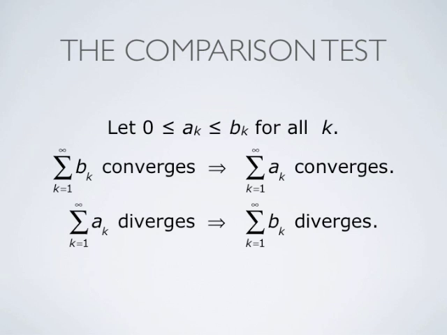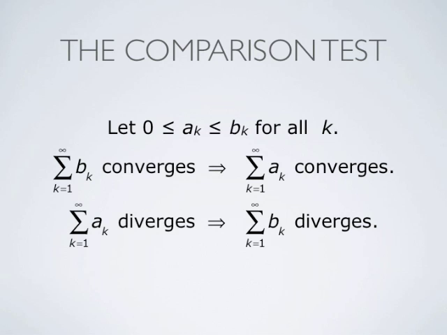In this video, we have discussed the comparison theorem to study convergence or divergence of series. The comparison test for series is the following. Assume that a_k and b_k are non-negative and that the terms a_k are at most b_k for all k.